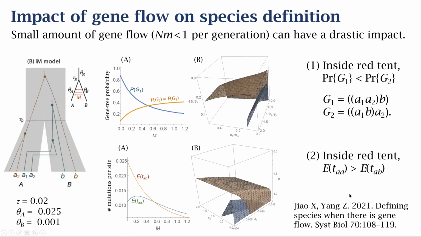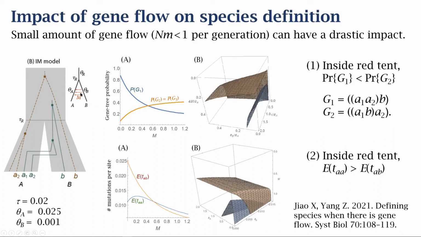Another measure we use is the average sequence distance, or average coalescence time, within species, between A1 and A2, or between A1 and B. You could have a situation where the expectation of TAA is larger than the expectation of TAB. This I find very exciting.